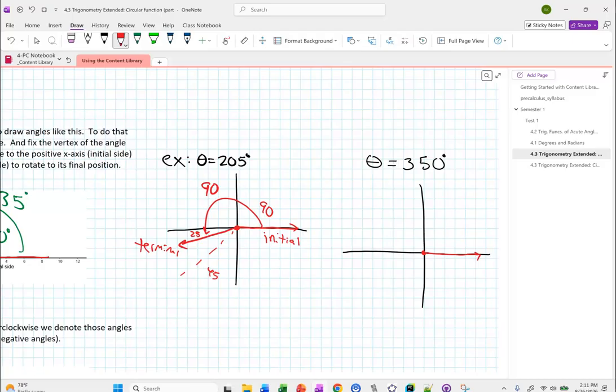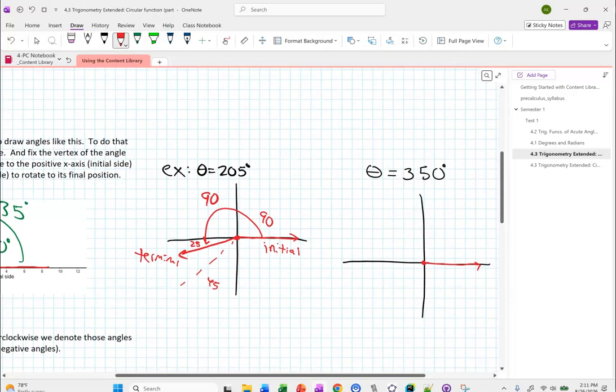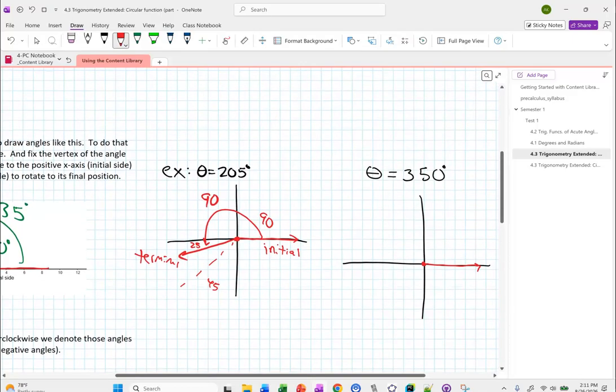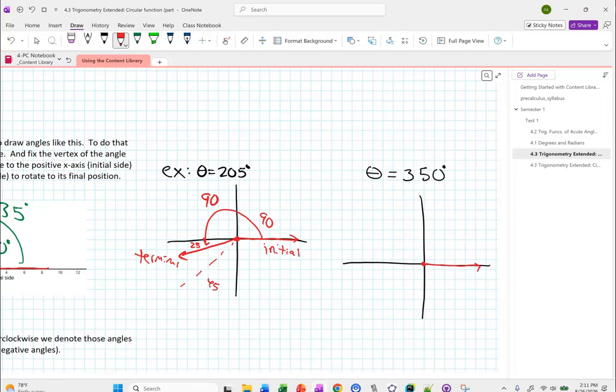Counterclockwise, so 0, 90, 180, 270, and then 80 more. So it's like 90, 90, 90, 80. Is everybody okay with this idea?